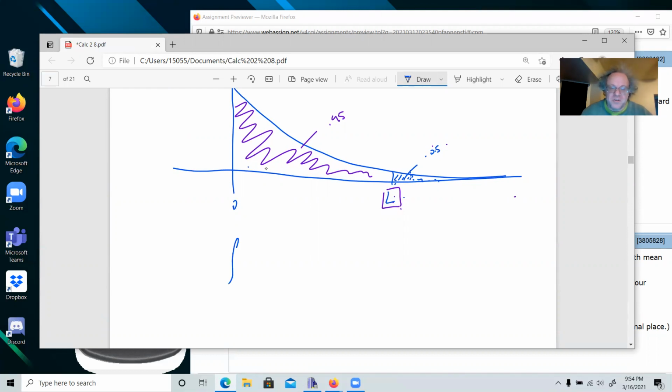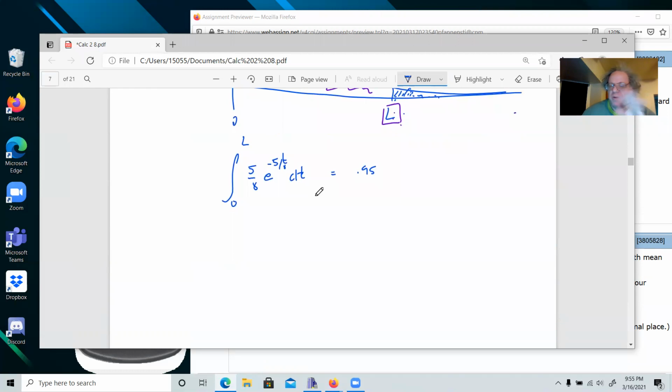Okay, so what do we have? We have the integral of 5/8 e to the negative 5/8 t, and we are going to go from 0 to L, and that's going to equal 0.95. I hope that makes sense. I can't ask you if you're following me with this.